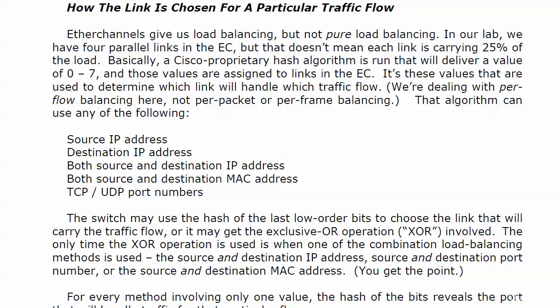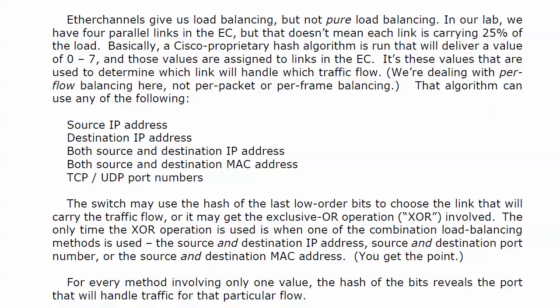Now, the only time the XOR operation is used for this is when one of the combination load balancing methods is used. You know, source and destination IP address, source and destination port number, source and destination MAC address. You get the point. And for every method that involves only one value, the hash of the bits reveals the port or the link that's going to handle traffic for that particular flow.